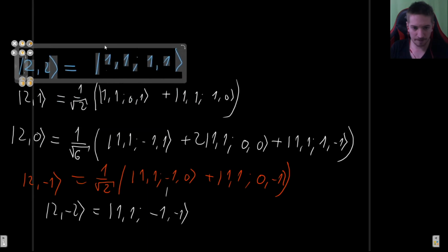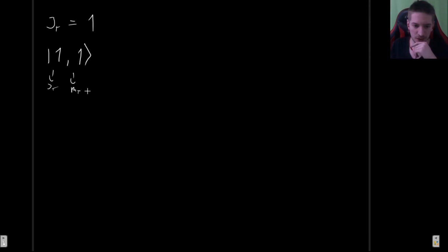Okay, amazing. Now let's continue and go for the state for which the total j is 1. So let's go for the exact same procedure. Highest value of j, highest value of m for this case. So if we take the highest value of j, that means |1,1⟩. Right? This is j total, this is m total.